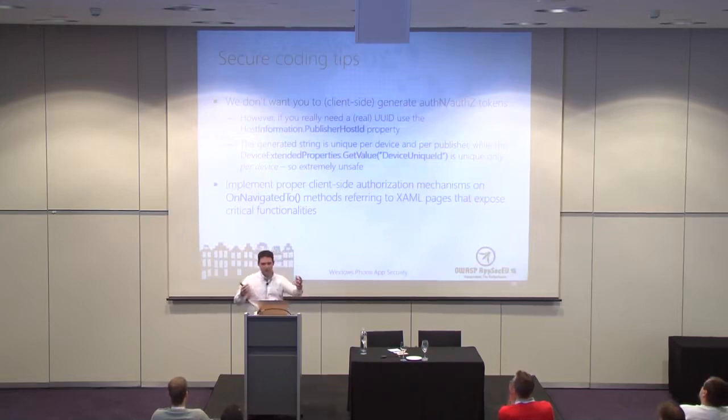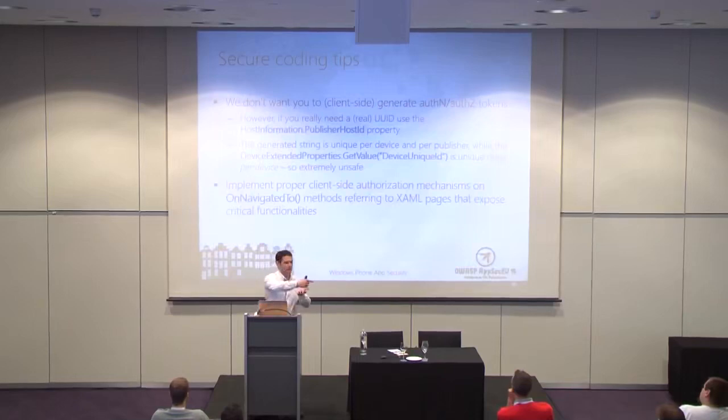So if you have a good app and a malicious app, and the good application is using the hardware identification, the one which is only unique per device, to authenticate itself against a remote system.